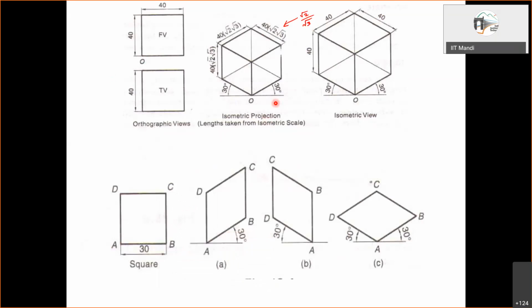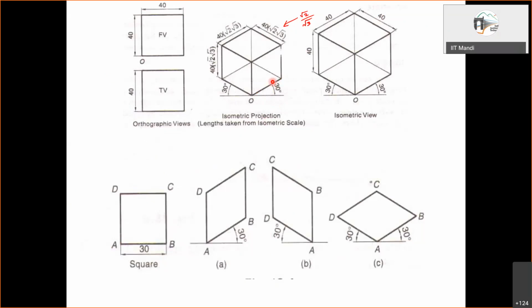Now you see, we had already discussed that all the lengths are equal, but all are reduced compared to the actual dimension. So here what is shown is a cube whose edge is 40. Okay. So when we draw this, then we get this reduced, rather than being 40.